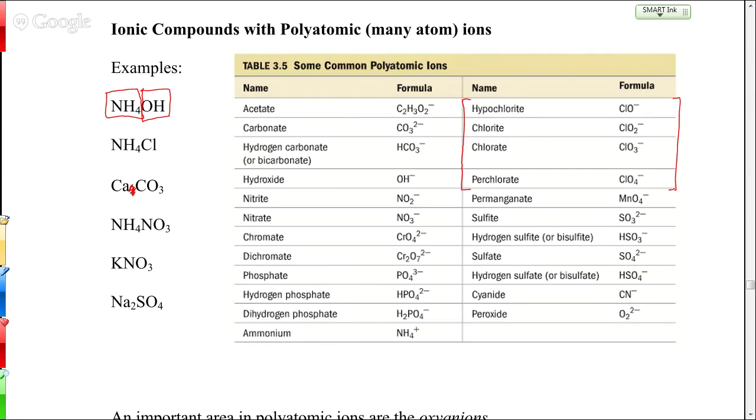Then chlorate, ClO3, then chlorite with an I, ClO2, and then hypochlorite, ClO. If you want to remember that progression of names, that can help you because it also comes up in, for instance, sulfite and sulfate. Sulfate has more oxygen, sulfite has one less. Same with nitrate and nitrite. Nitrate is going to have the most oxygen, nitrite has less.